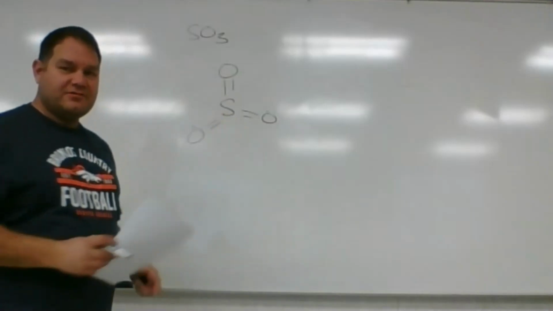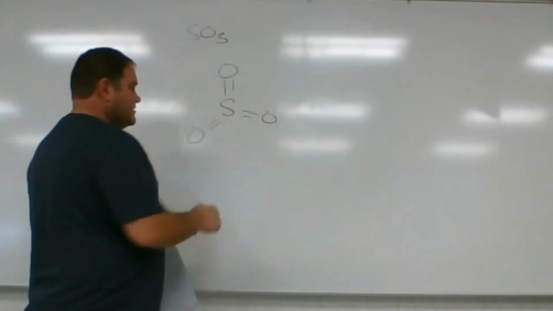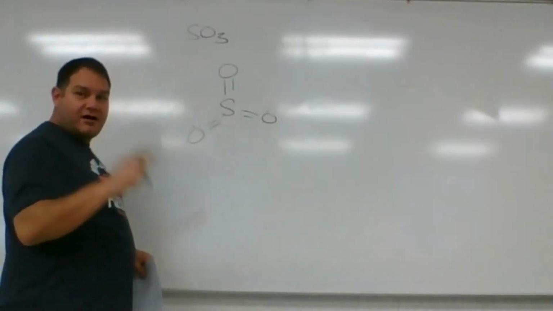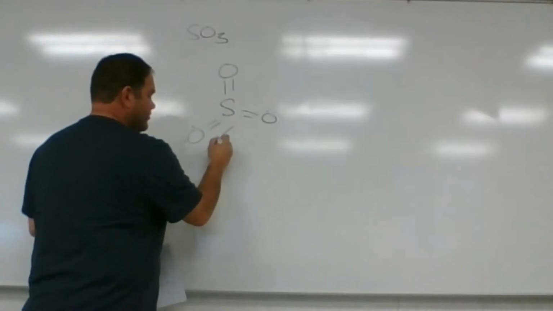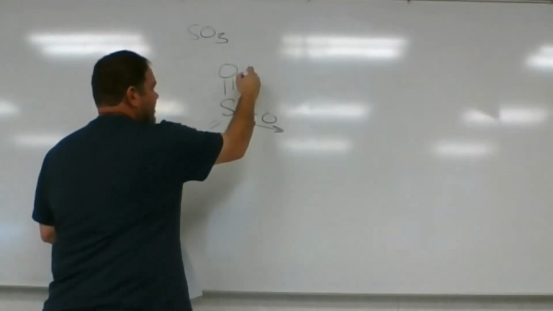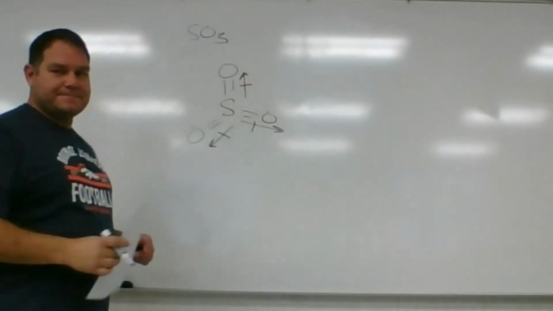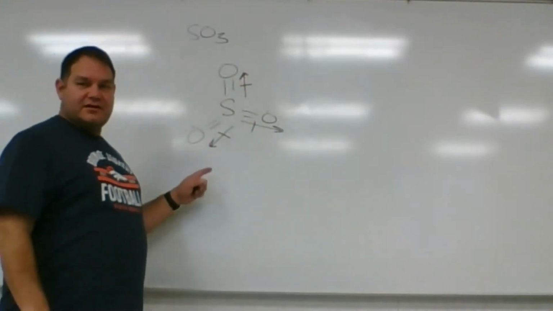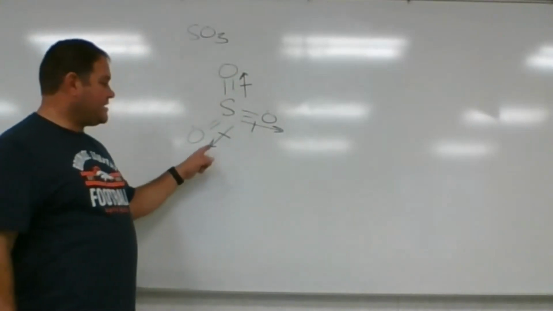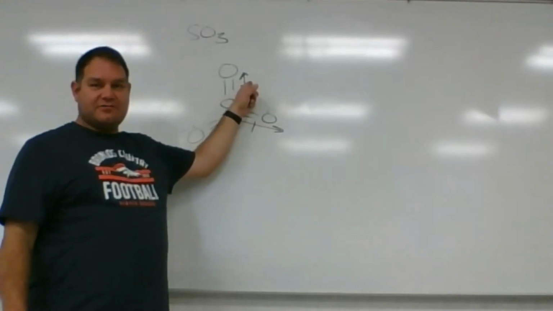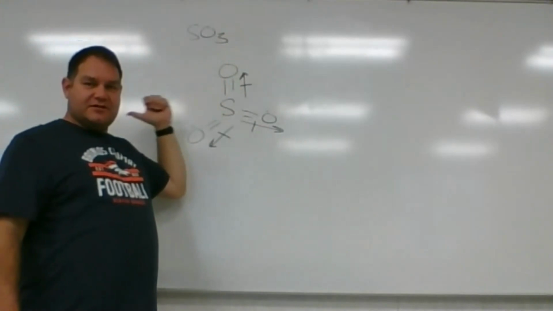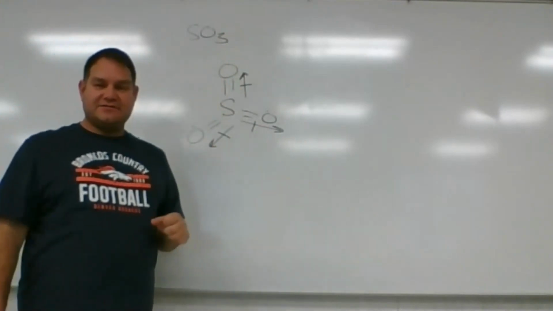Being planar, now let's look at the dipoles. Between oxygen and sulfur, which one is more electronegative? Oxygen is. So we have a dipole towards each oxygen. In a planar structure like this, all the dipoles are going to cancel out because they're pulling in opposite directions with the same magnitude.